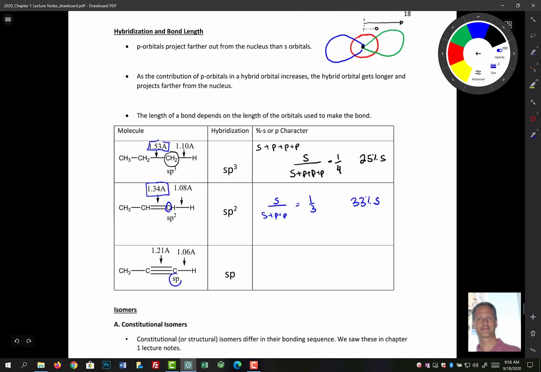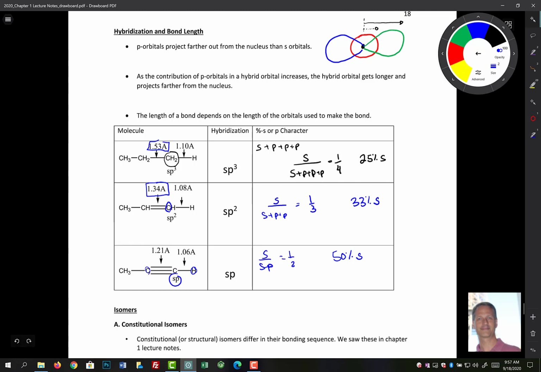And if we come down here and we're sp, that has a steric number of 2 because there's a carbon and an H, right? So steric number of 2 gives us sp hybridization. Here we're an s divided by an s plus a p. So that's 1 divided by 2, or 50% s character. And that should be the shortest bond length because we have a larger representation of an orbital that doesn't protrude into space as much as a p orbital.